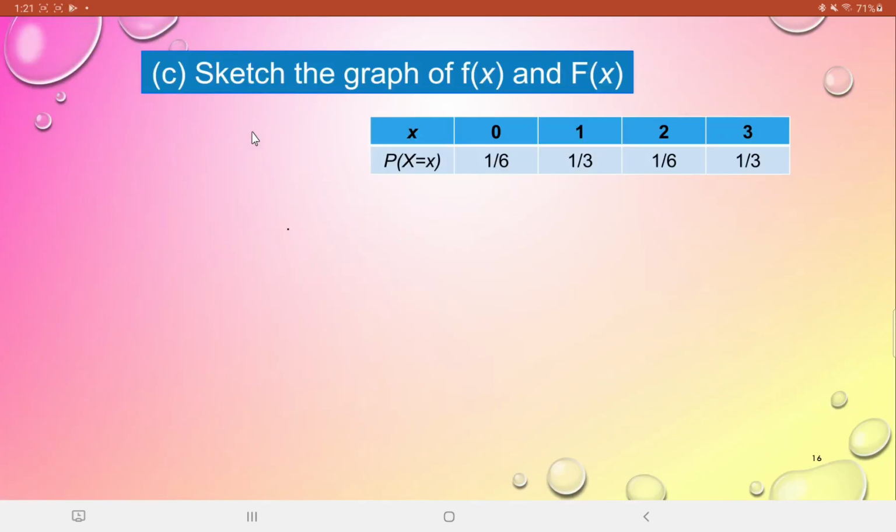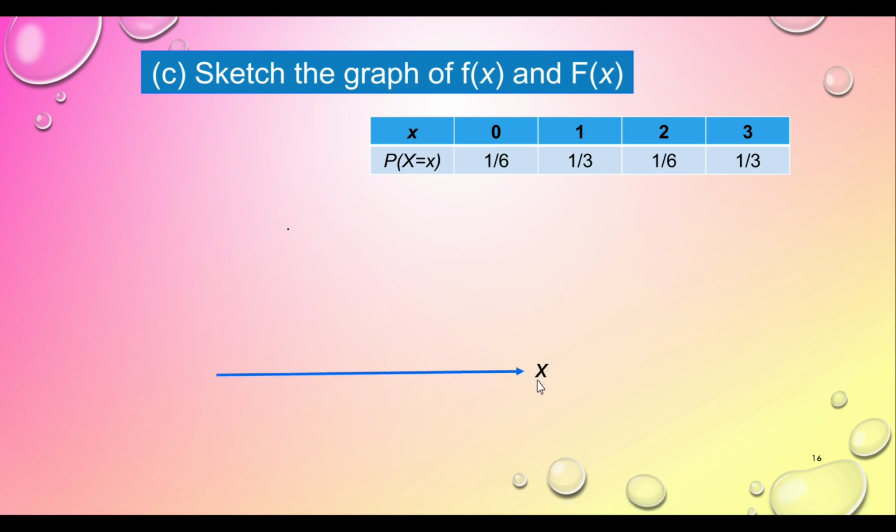The next question, sketch the graph of the probability distribution function and the cumulative distribution function. Firstly, we sketch the graph of the probability distribution function. Based on the given table, we can plot the graph. We draw the x-axis and y-axis.